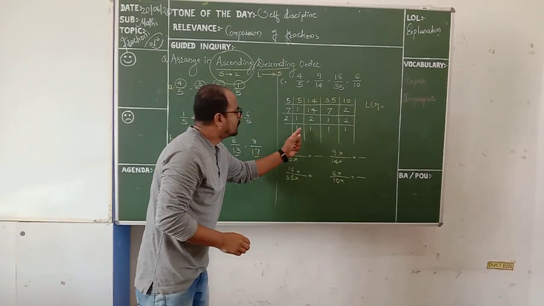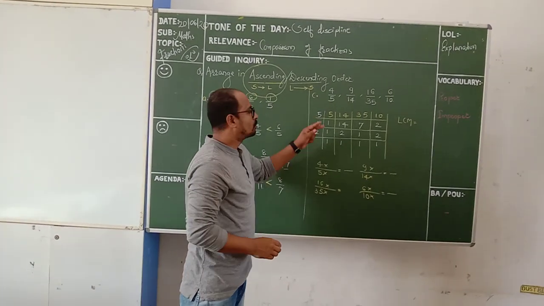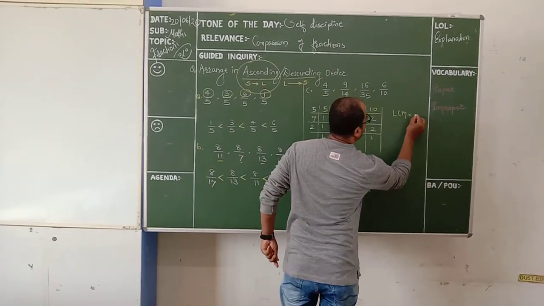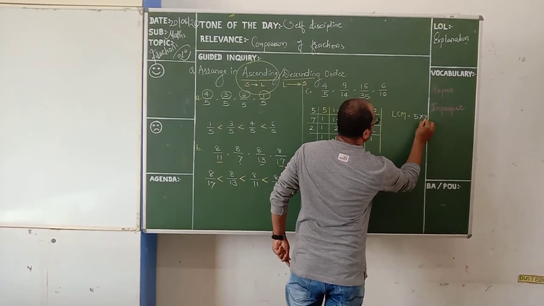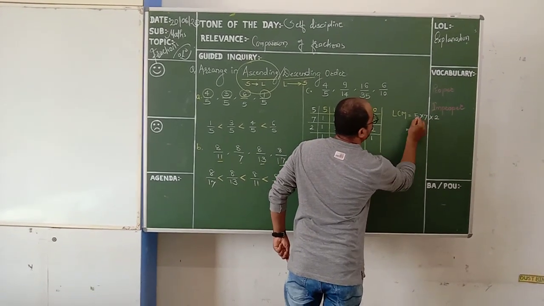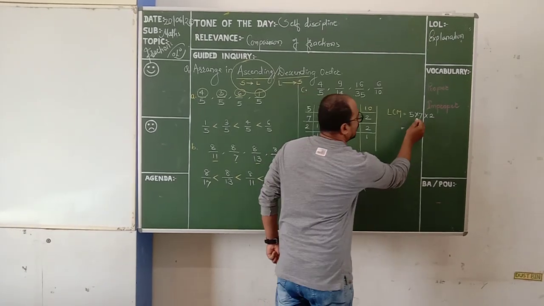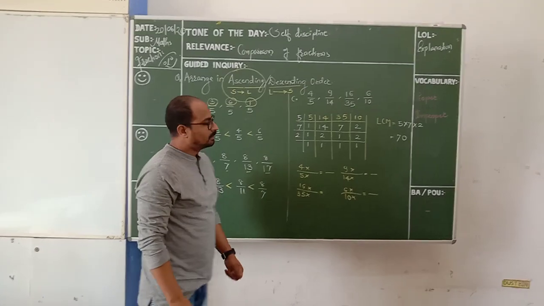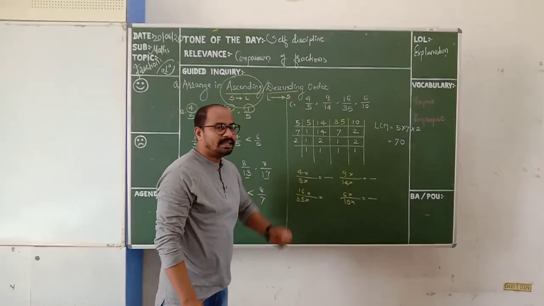Now when all numbers become 1, you stop the division and multiply these divisors. So the LCM is 5 into 7 into 2. 5 sevens are 35, and 35 twos are 70. So 70 is the LCM.